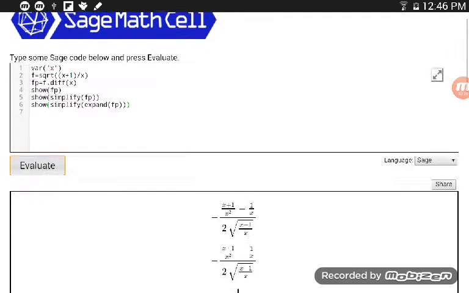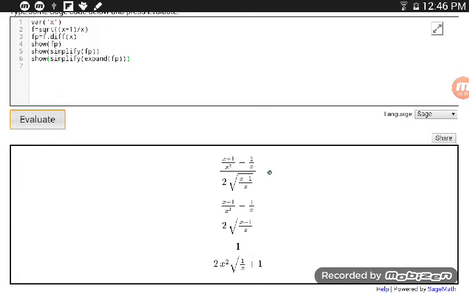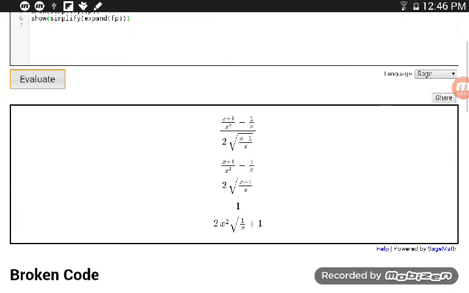And so here is the original answer, the derivative, and it's kind of complicated to look at, but there it is. And then I ask it to simplify. Well, actually it didn't. It just left it the way it was. But then I said, well, hey, expand it first and then simplify, and now it does look much, much better.